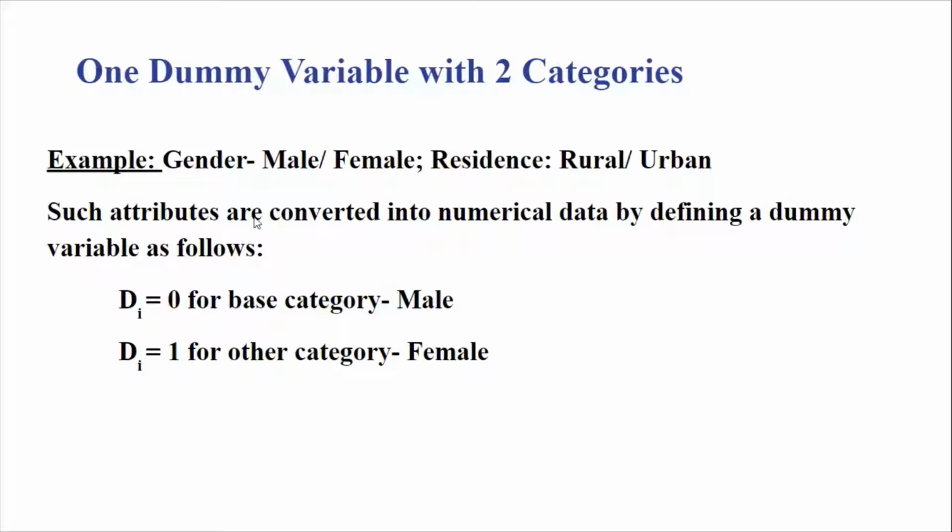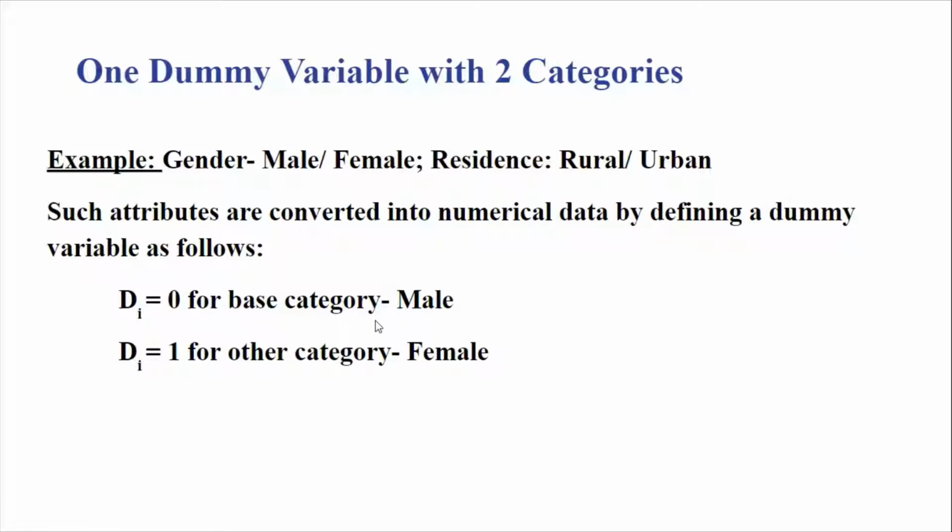So such kind of attributes are converted into numerical data to regress or to estimate the regression model by defining a dummy variable as follows. For example, the dummy variable, as you can see, is represented by di. So di equal to 0 for the base category, right?